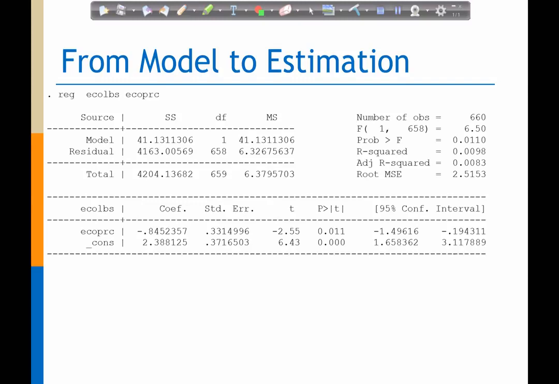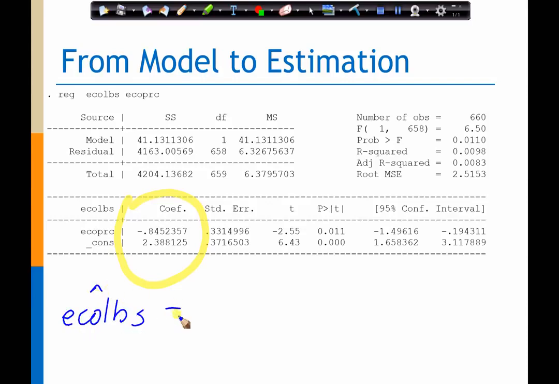I have run this regression in a statistical package, and here are the results. Here's my coefficient column, and if I wanted to write out the results, I would say eco-pounds predicted is equal to 2.4 minus 0.845 times eco-price.